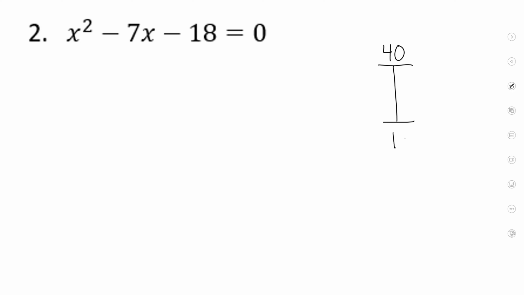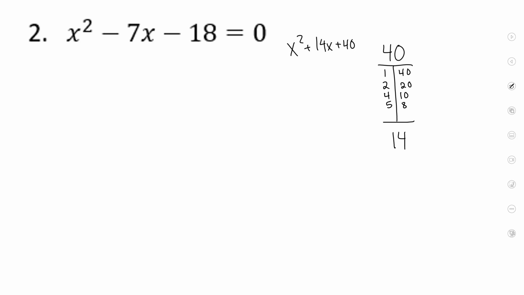So let's say 40 and 14, and you're just confused on how to find the numbers. Well, you can always go down the list. Start with 1. 1 times 40 will give you 40. Then go to the next number, 2. 2 times 20 will give you 40. I can't do 3, but 4. 4 times 10 will give you 40. 5 times 8 will give you 40.